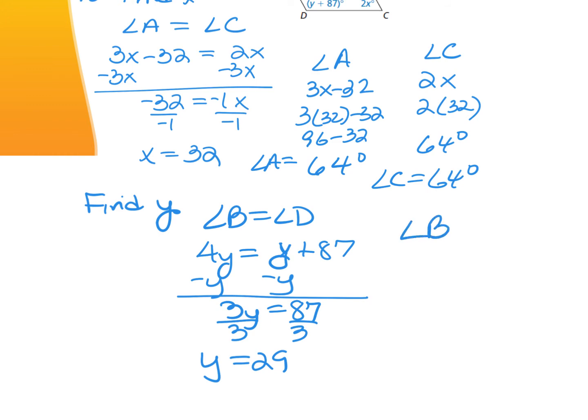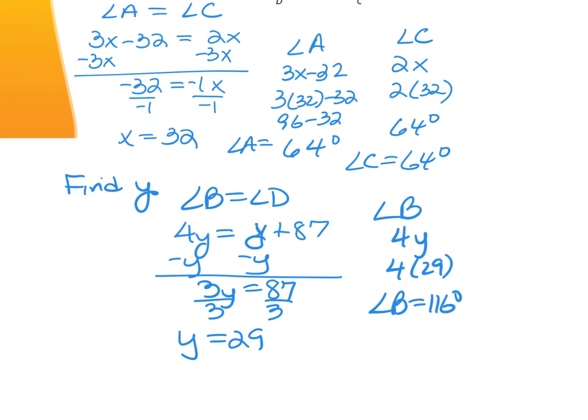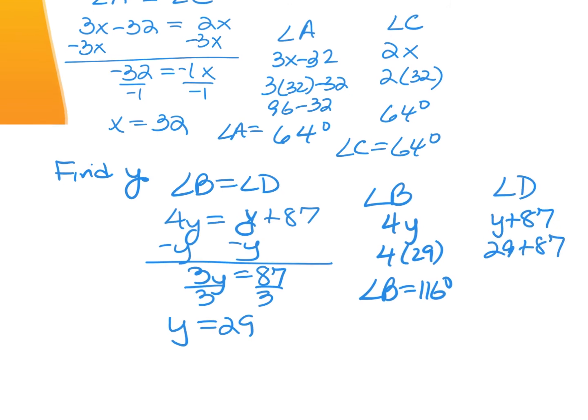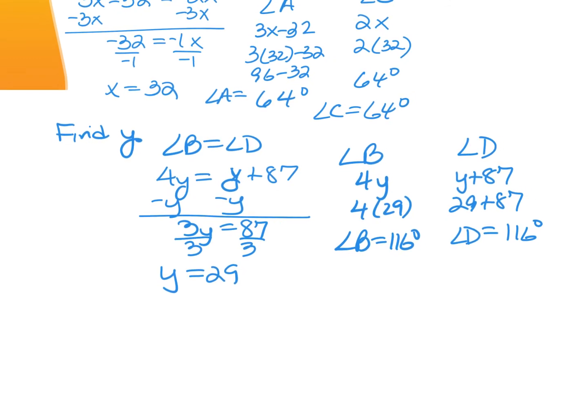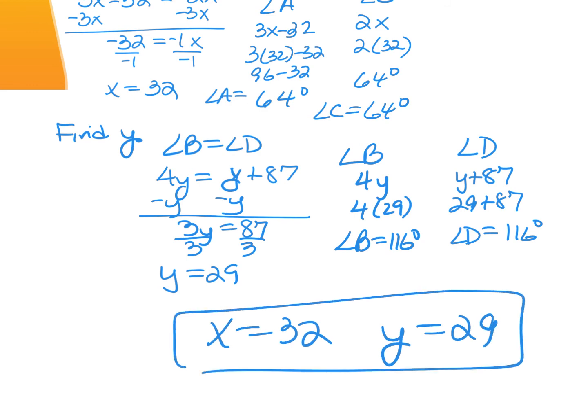Angle B was 4y, so 4 times 29, angle B equals 116. Angle D is equal to y plus 87, 29 plus 87, and angle D also equals 116. So my two values for x and y are x equals 32 and y equals 29.